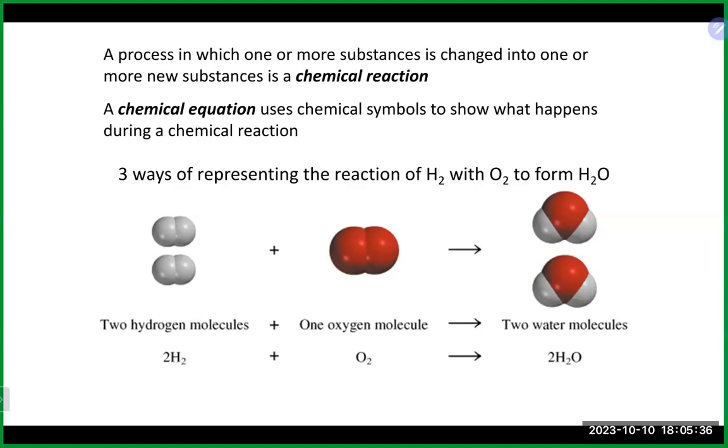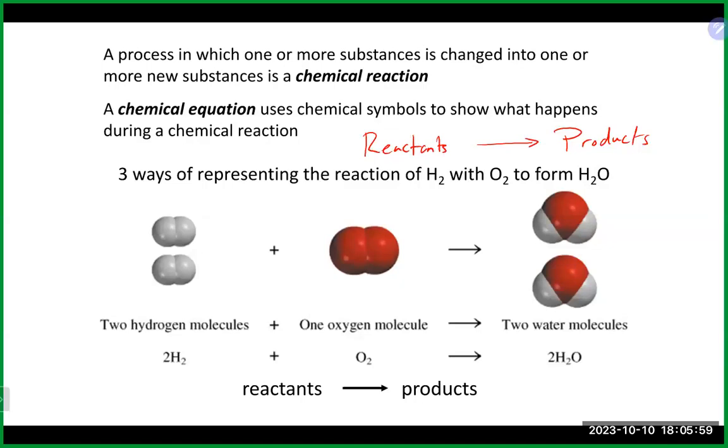The way we represent chemical reactions is with chemical equations, and there are some important parts of our chemical equations. We always have reactants on the left-hand side of the arrow, and our reactants are our starting material, and it goes to our products, which are on the right-hand side of the arrow.